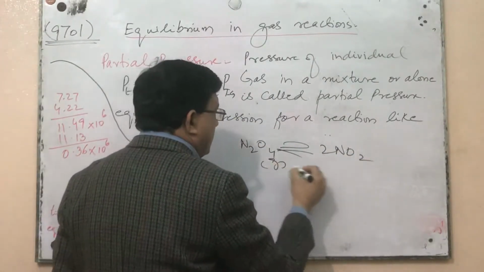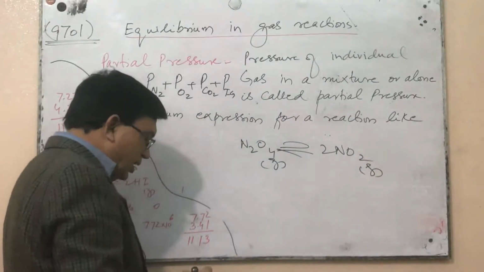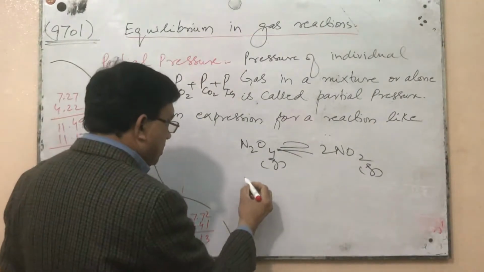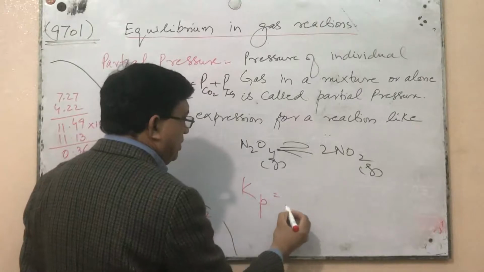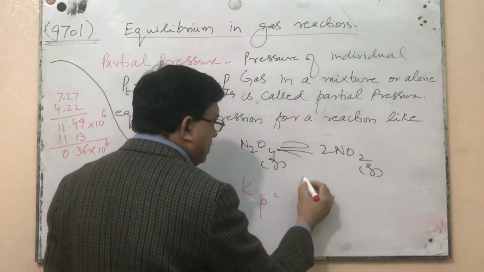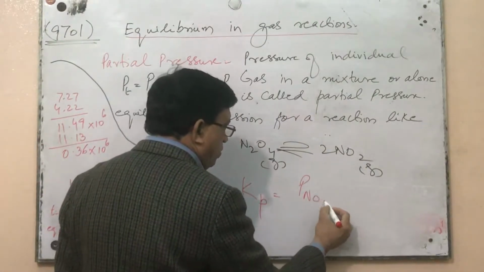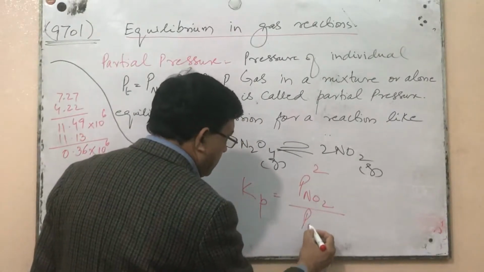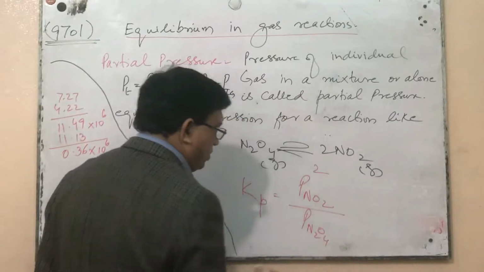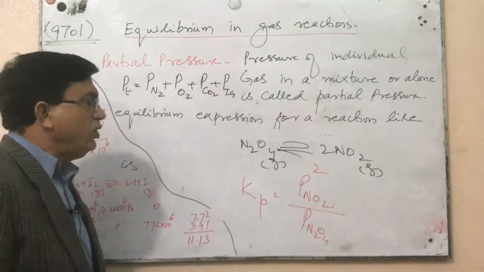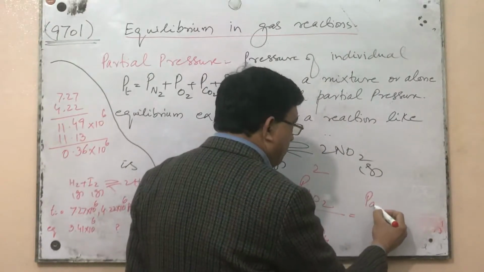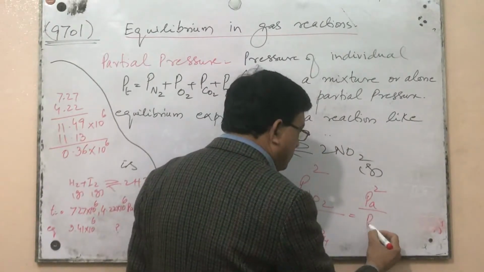Both are gases, so we can write Kp for this. Kp will be the partial pressure exerted by NO2 squared over the partial pressure of N2O4. If we calculate the units for this reaction, definitely we will have Pascal squared over Pascal.